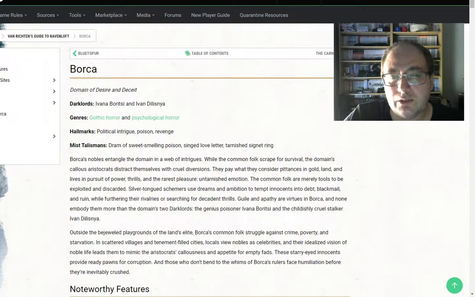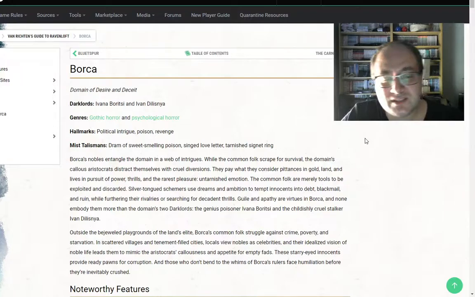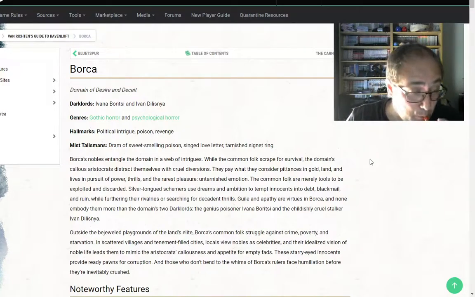I don't really buy the psychological horror very much. It's a little bit there, but I wasn't quite persuaded. What is this domain? So you got these two Dark Lords, Ivana Boritsi, Ivan Dilisnya. They hate each other, and they plot against each other, but they can't really get rid of each other, because they're trapped in this domain and they torment each other because of something that happened when they were both much younger.